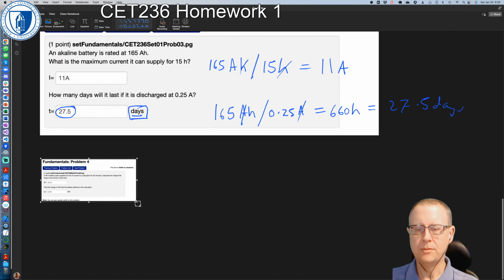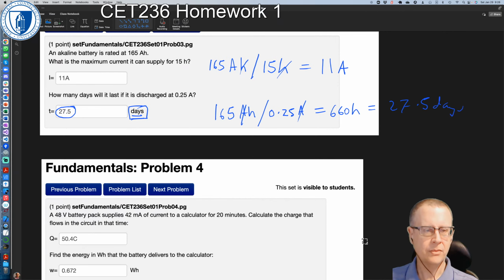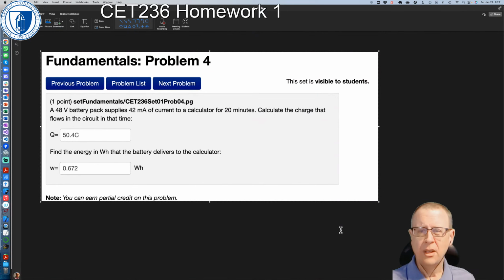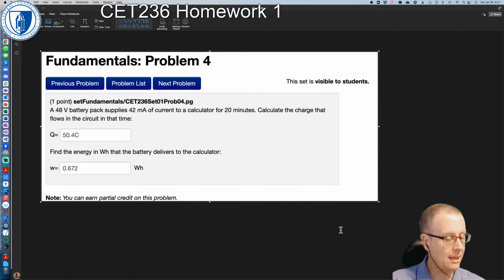Okay, there we go. So again, we've got unit conversions. 48 volts times 42 milliamps gives us the power, right?